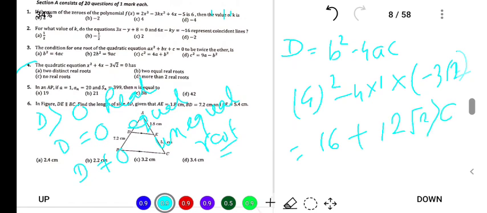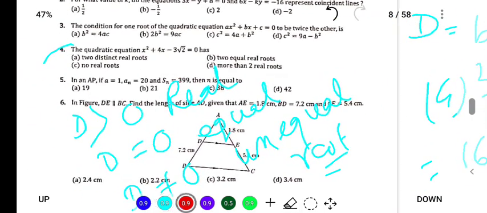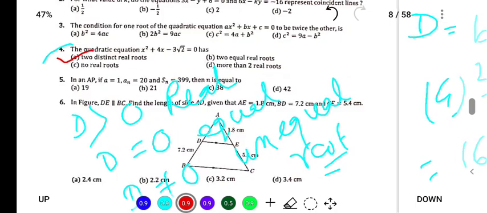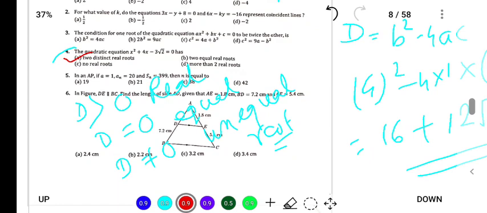You can see it is obviously greater than 0, so the roots will be two distinct and real roots. Option A. So in this way, by finding D, you can do this. D greater than 0 means real, D equal to 0 means real and equal, and D not equal to 0 means unequal.